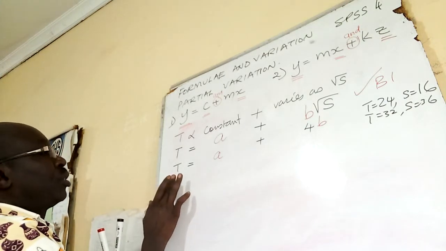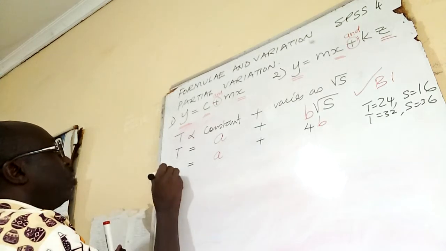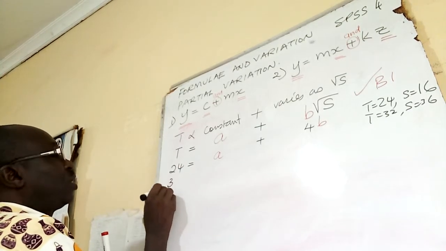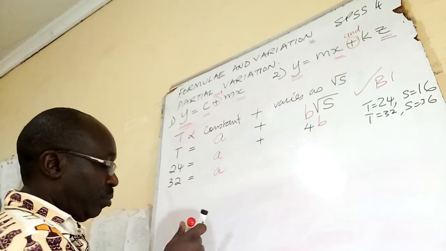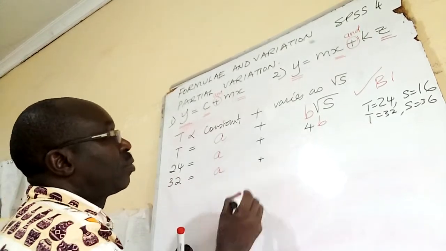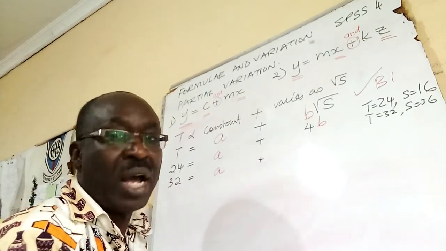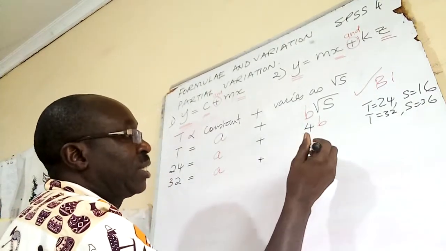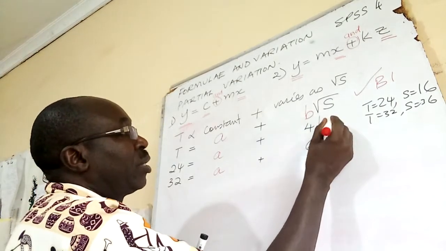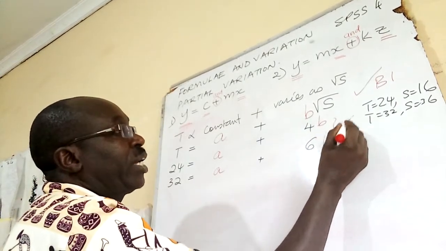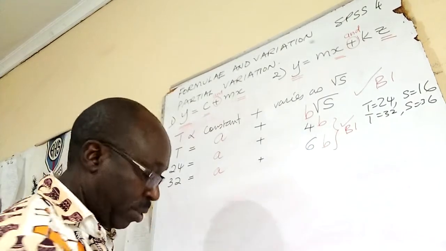I put 32 is equal to A plus, now square root of 36 is 6. So I write here 6b.